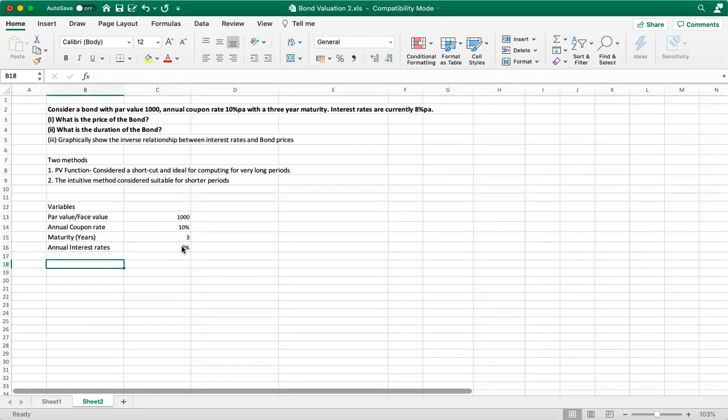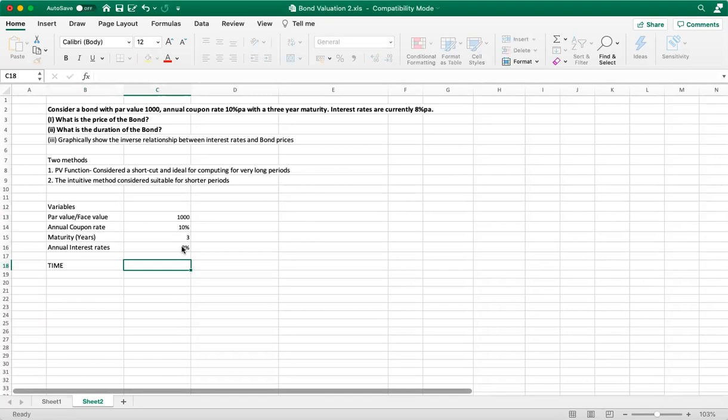Recall from our part 1, we said to value a bond, you have the periodic coupon payments. And the periodic coupon payments, you get them by multiplying the coupon rate by the par value. So what we'll require down here is to write time. Then we'll have coupon payments.